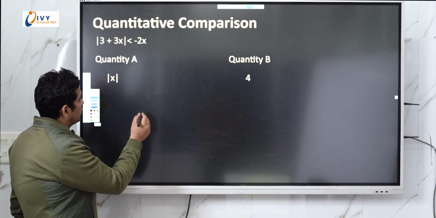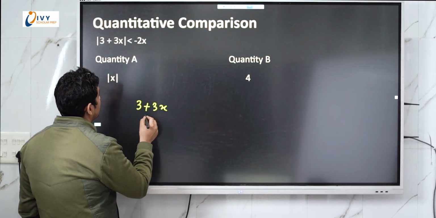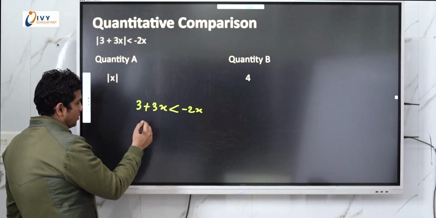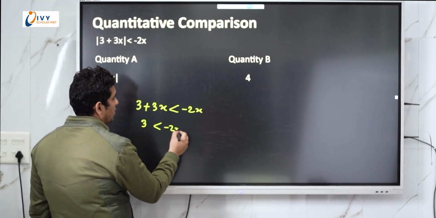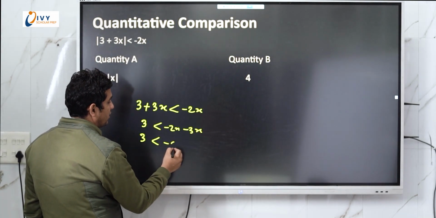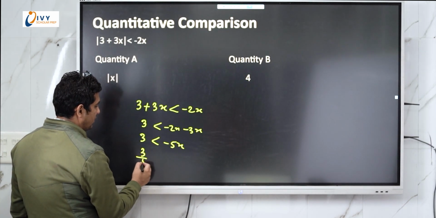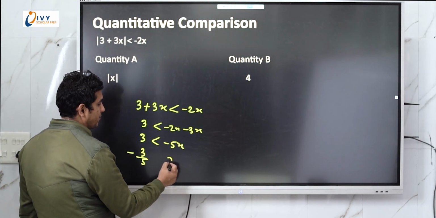So let's say first time, we say 3 plus 3x is less than minus 2x. If you look at this, you could simply put the 3 here, take the 3x on that side, which eventually gives you minus 5x, and you divide by minus 5, so this will be minus 3 by 5 and this is x.